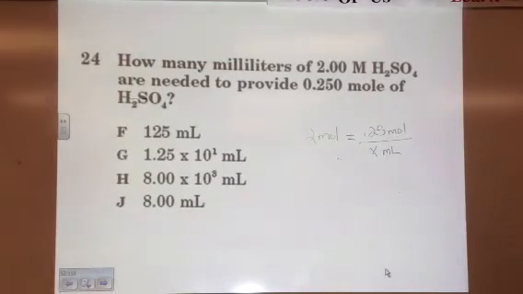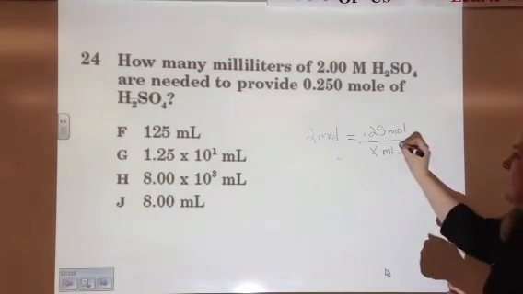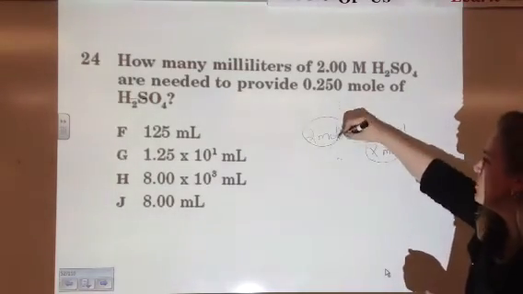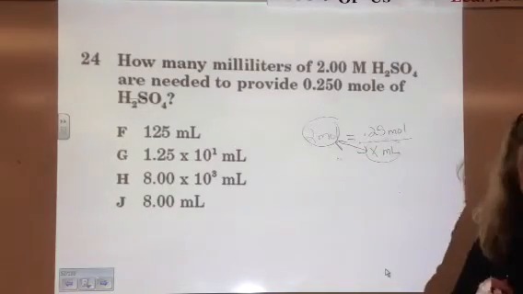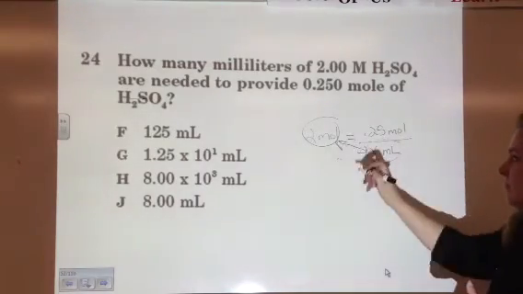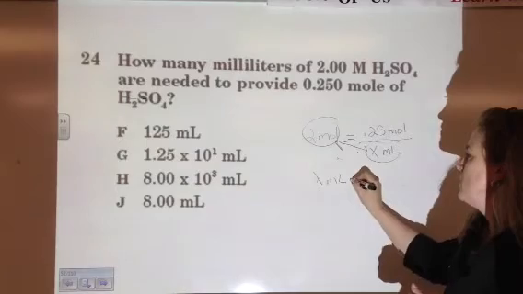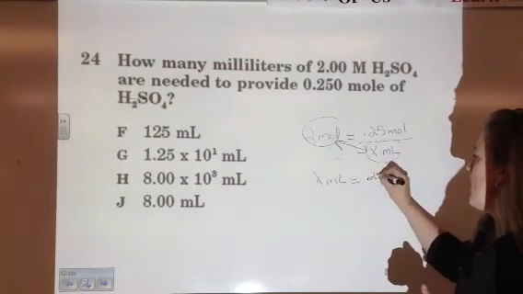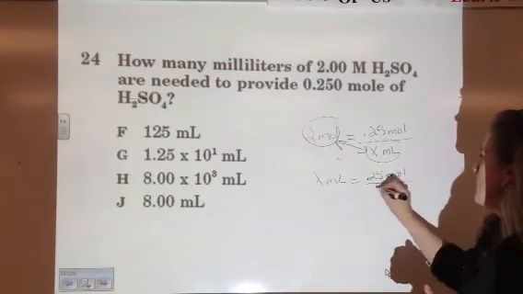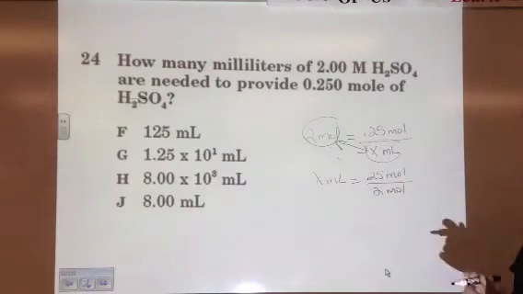Correct? Yes. All right. So let's go ahead and switch these 2 variables. So X milliliters will be equal to 0.25 moles divided by 2 moles.